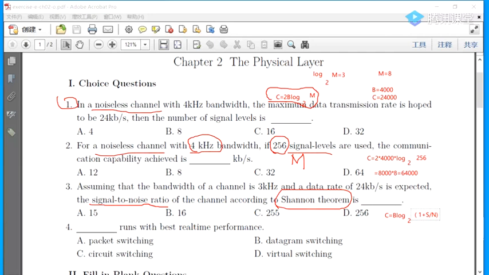So capital C is 24 kilo, right? B is 3 kilohertz, times log 2.